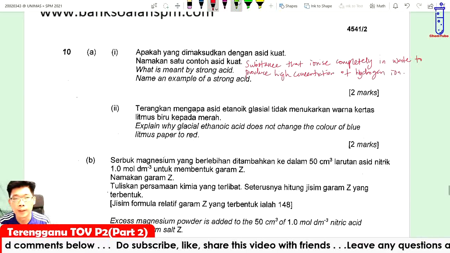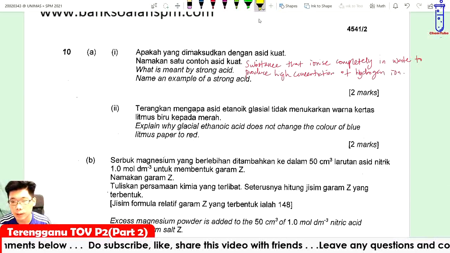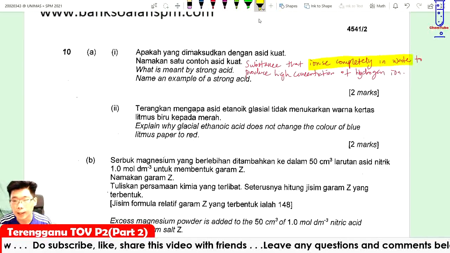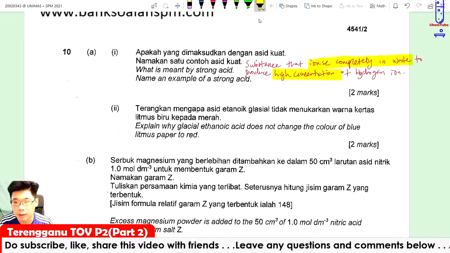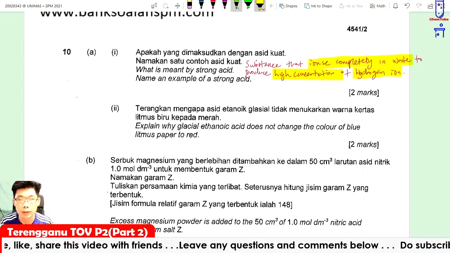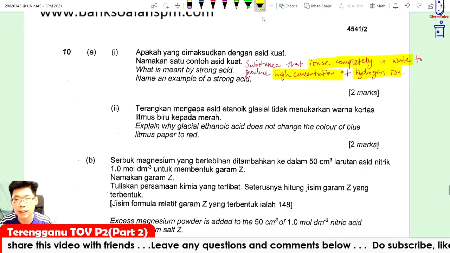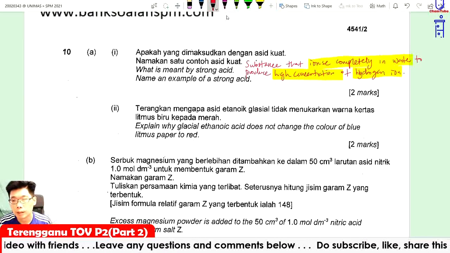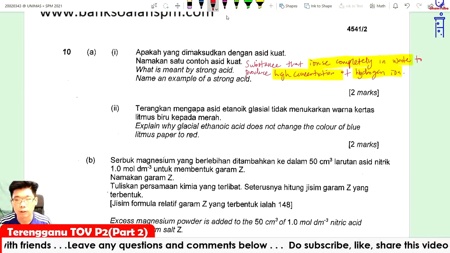Okay, so the keywords here must be ionized completely in water. And then another one is to produce high concentration of hydrogen ions. Okay, so it is fixed. If weak acid, it will be ionized partially in water, produce low concentration of hydrogen ions.